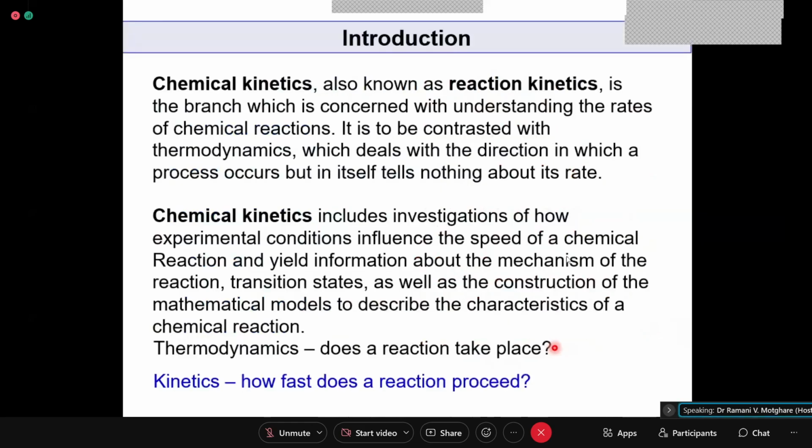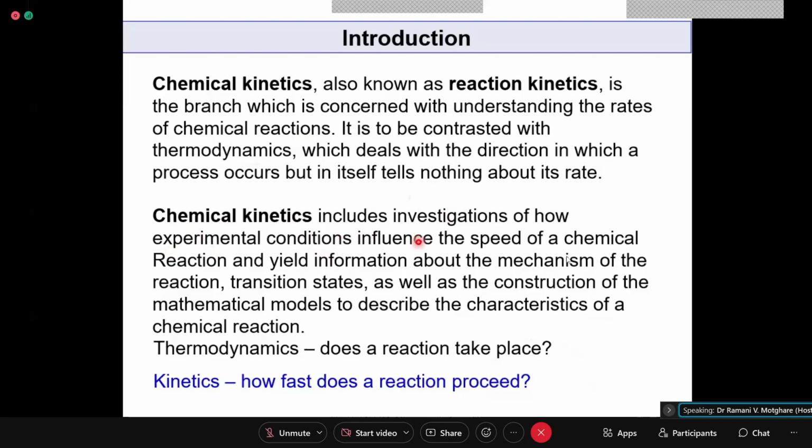Okay. So introduction: chemical kinetics, also known as reaction kinetics. It is the branch of chemistry which deals with how many steps the reaction occurs in, whereas thermodynamics tells you whether the reaction will take place or not, but kinetics will tell you how the reaction is proceeding.